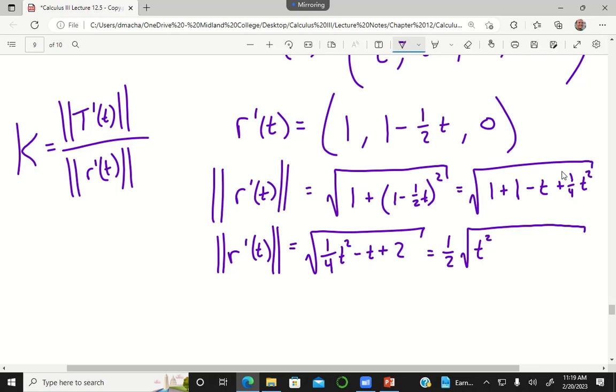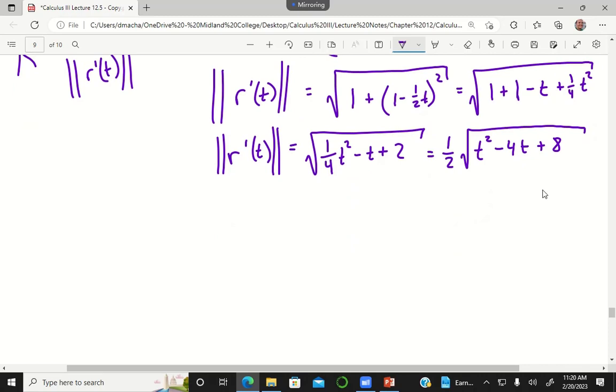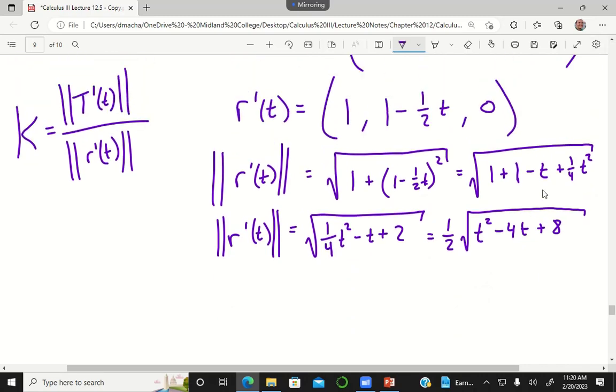But then I have to multiply my other terms by 4 as well, so minus 4t plus 8. And that's not a perfect square, so I can't simplify that anymore, I don't think. No, okay. So that is going to be the denominator in my curvature equation, right there.